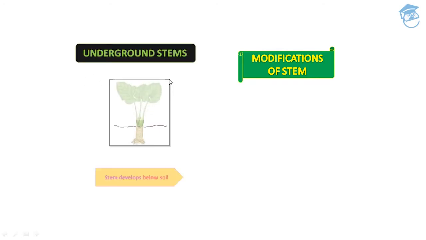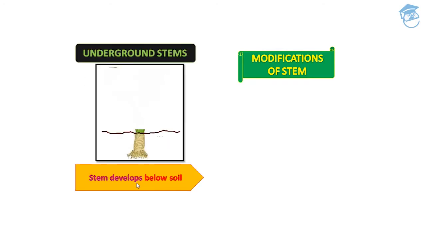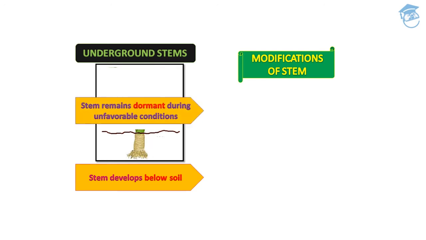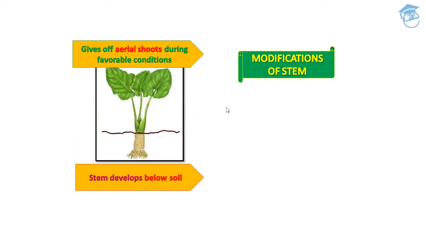First is the underground stem, a stem that develops below the soil. The stem remains dormant or inactive during unfavorable conditions, but when favorable conditions arrive, it gives off an aerial shoot.